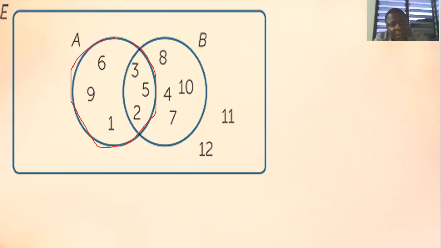That represents A. Then the members of B are the elements in this loop, and that of A will be 1, 2, 3, 5, 6, 9, whereas B will be 2, 3, 4, 5, 7, 8, and 10. So if we combine A and B, the complements are the members in the universal set that are not there, which will include the 11 and the 12 outside the circle.